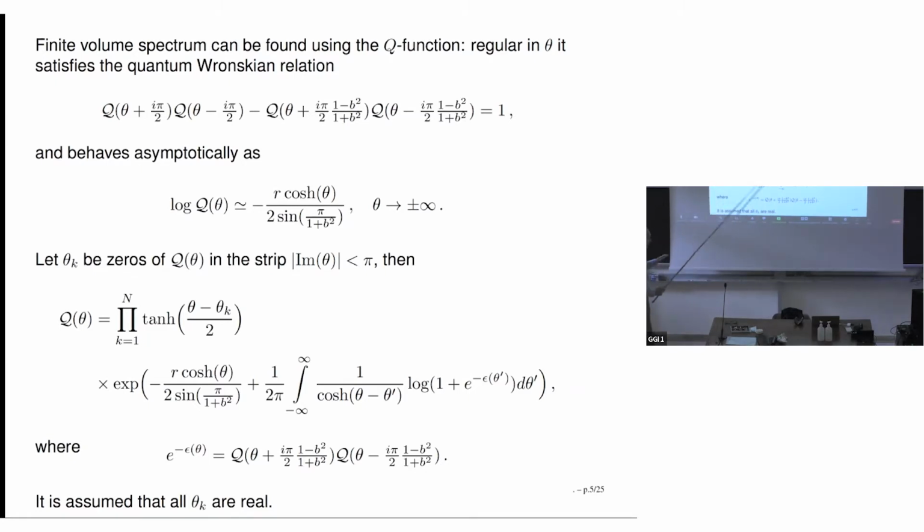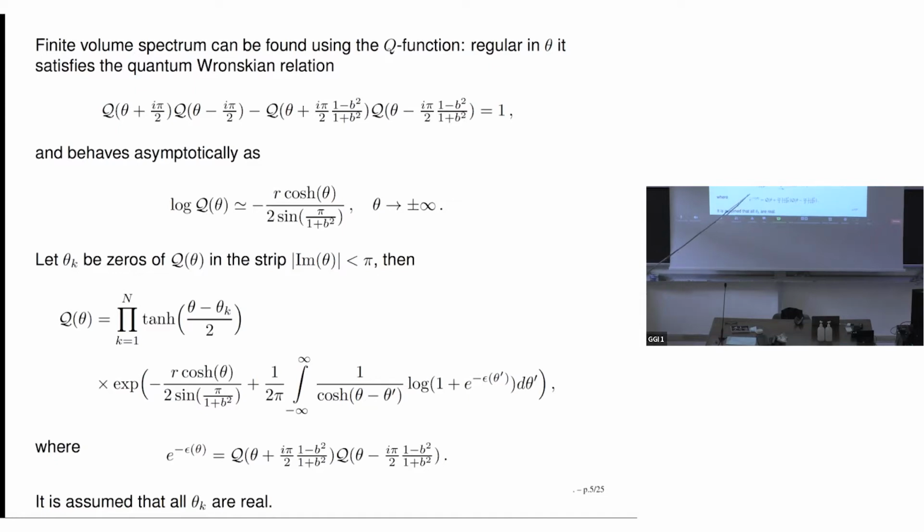Sorry, once again, with real roots in the strip from minus pi to pi along the imaginary direction. There will be additional roots, but they are already characterized. So in this case, the Q is like that. These are roots, and this is something else, something which does not vanish in the strip.